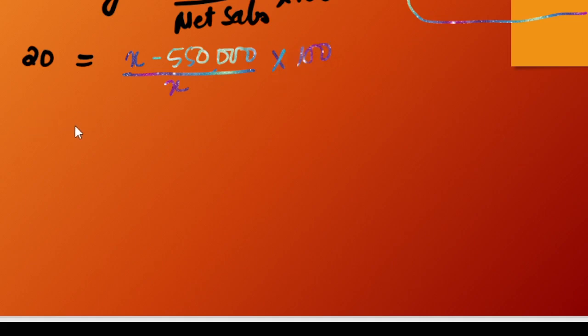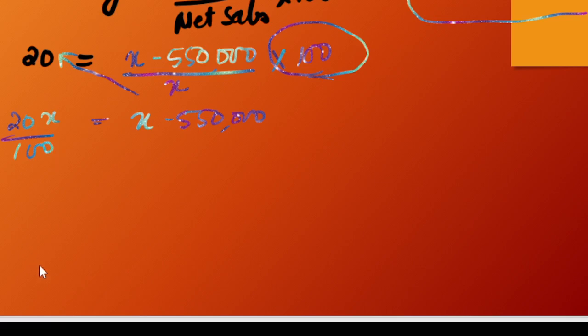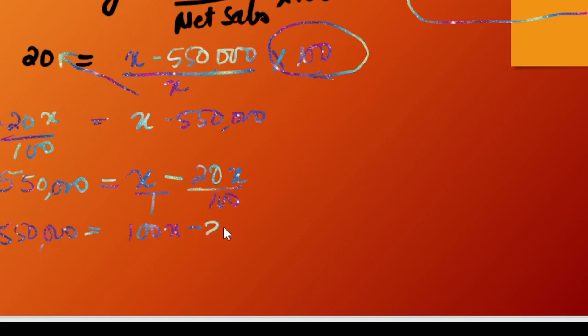Just find it out quickly. How are you going to do that? 20 equals (X minus 550,000) upon X, into 100. If you change the side, 20X upon 100, you take 1, then 550,000 to 100X minus 20X divided by 100.